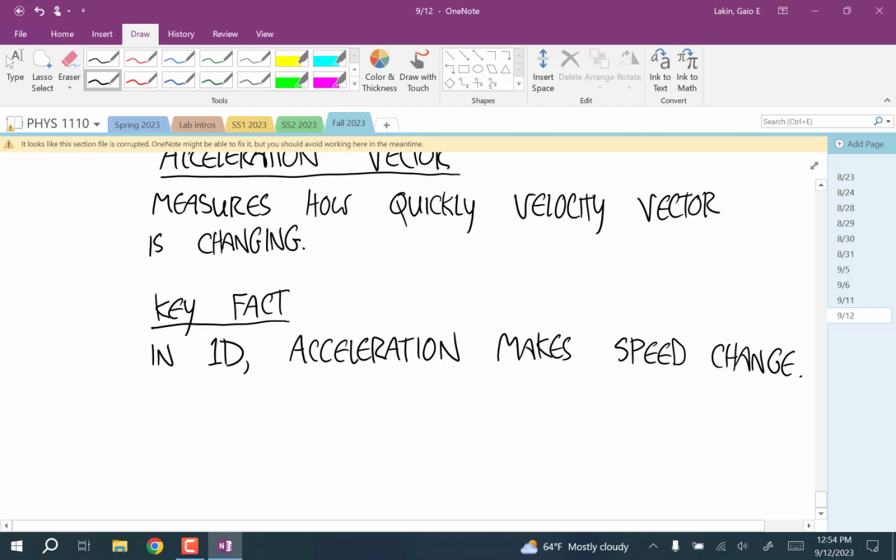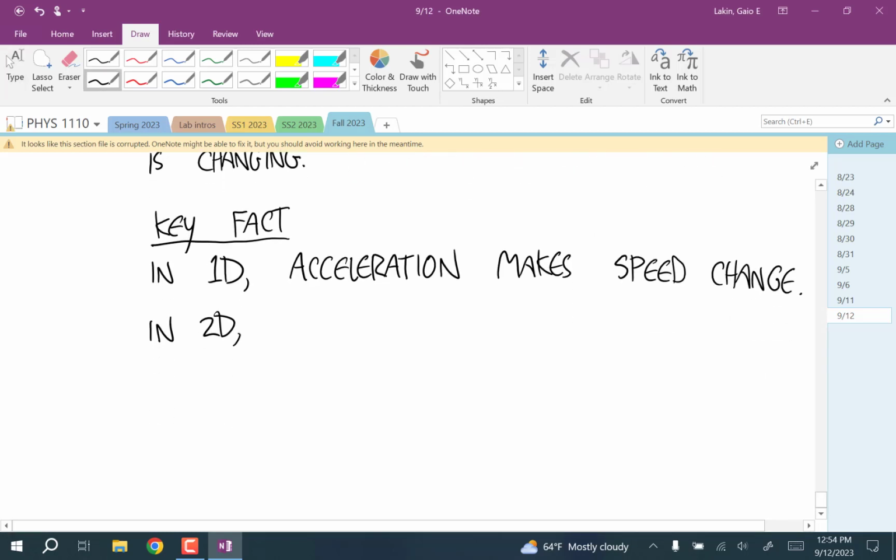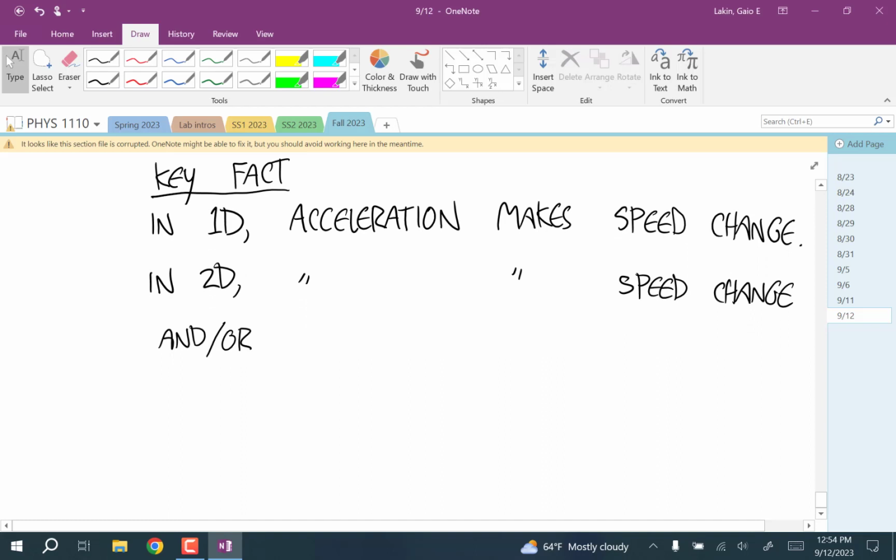In 2D, there's actually an entirely different thing that acceleration can do. So in 2D, acceleration makes the speed change, and or the other thing that it does is it makes the object turn.